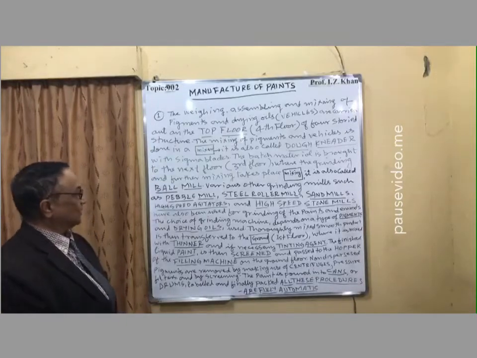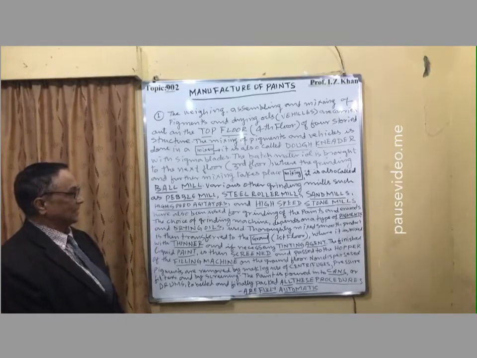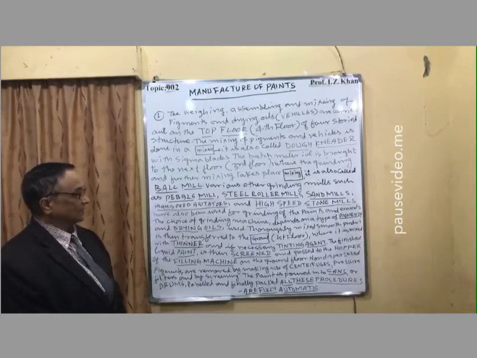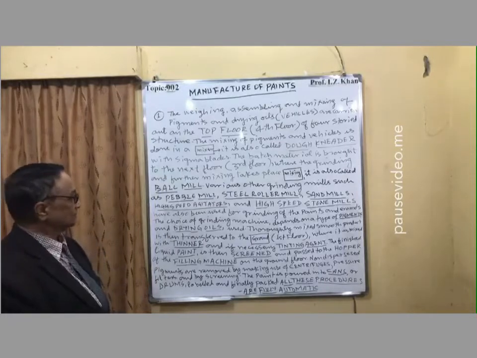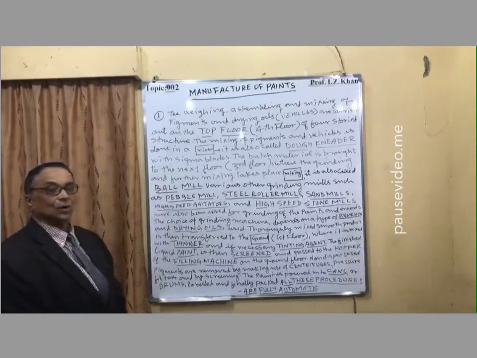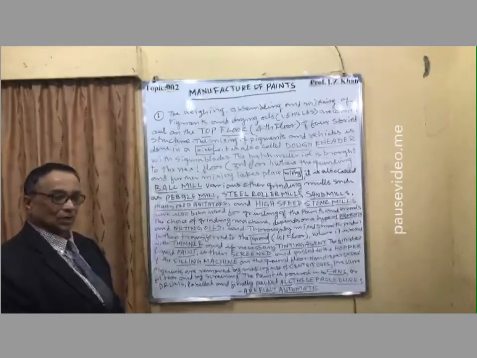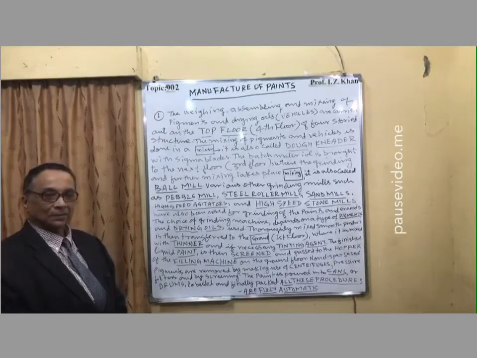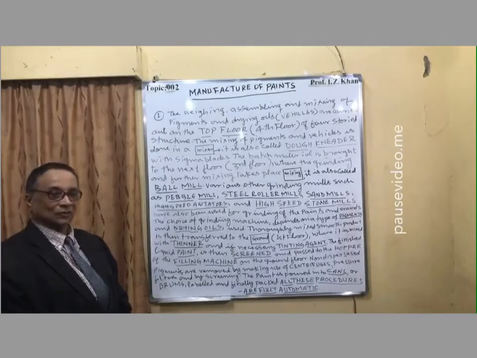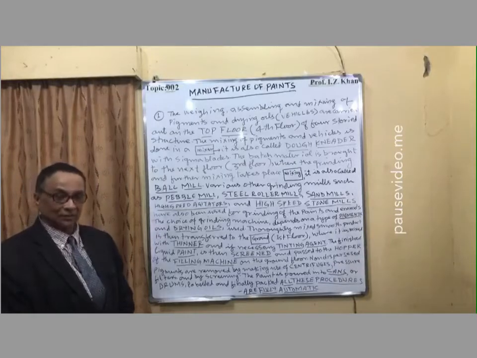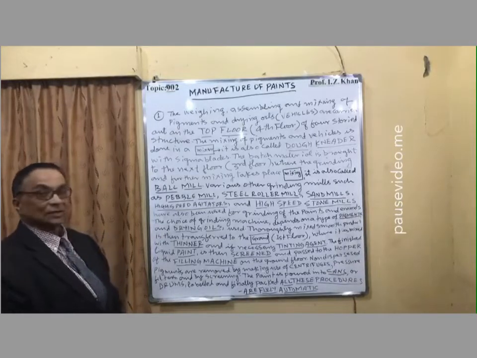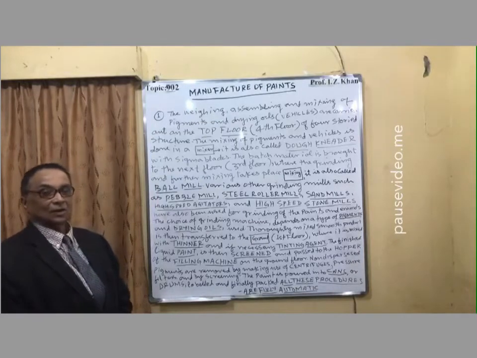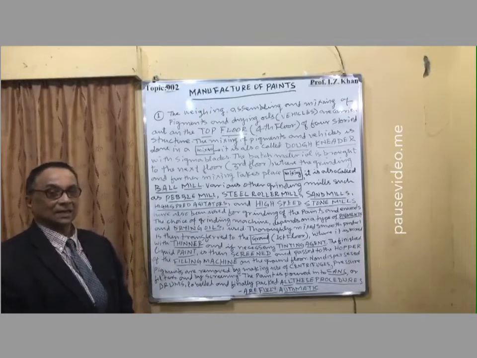Stones have also been used for grinding of the paints and enamels. The choice of grinding machine depends on the type of pigments you are using and the drying oil. So you have to select the grinding machine only when you tell the seller what type of drying oil you are using, vegetable oil, maybe linseed oil, which is mostly used, and also the type of pigment, whether it is titanium dioxide or lead oxide or zinc oxide.